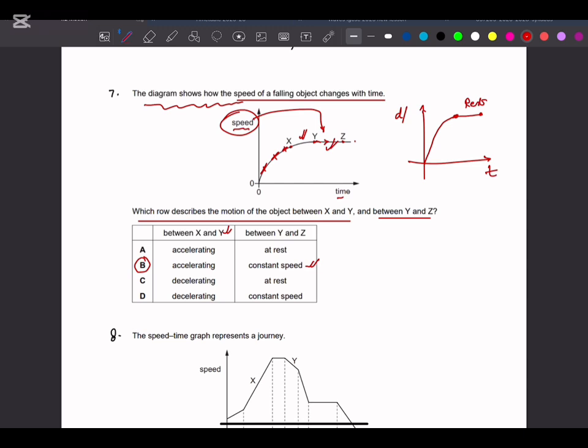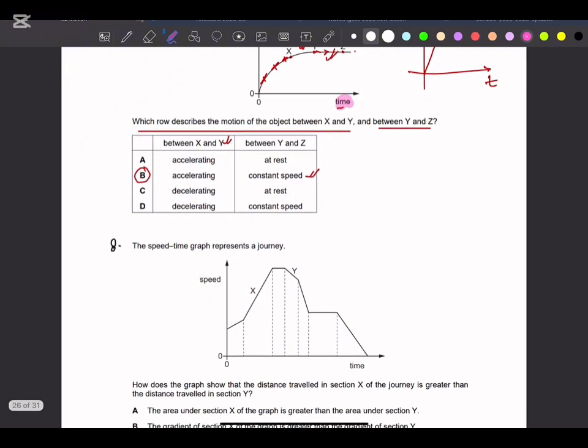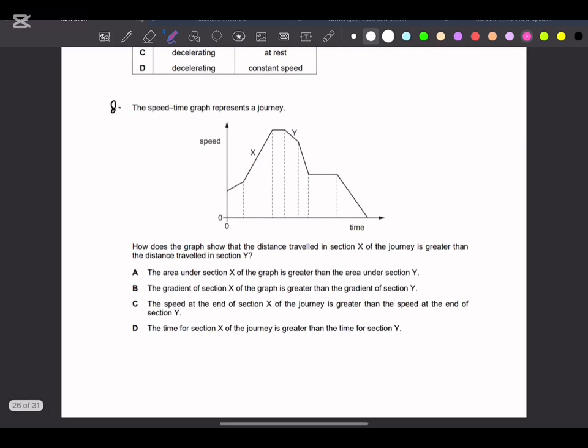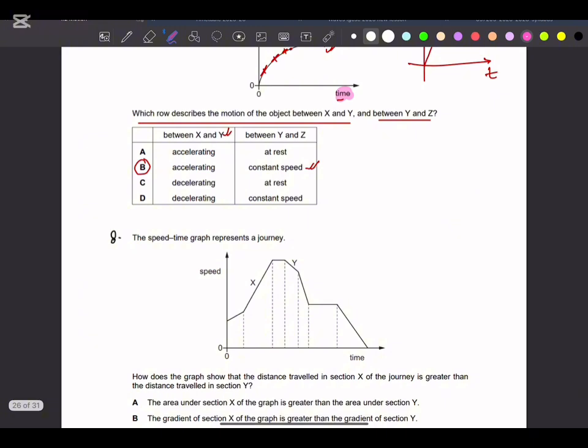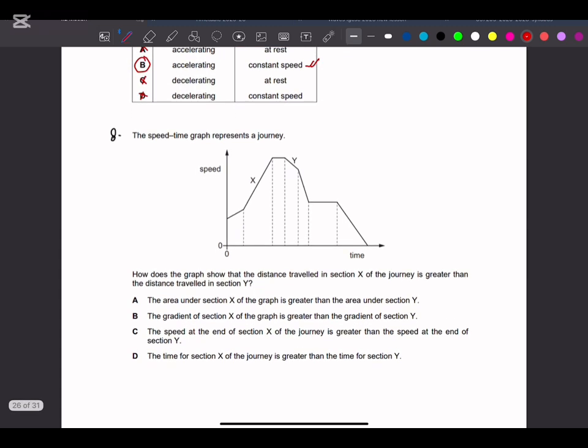So be careful whether you are dealing with the speed time graph or the distance time graph, as in the first four or five questions we discussed the distance time graph. Then obviously the rest are not correct. So the speed time graph again represents the journey.